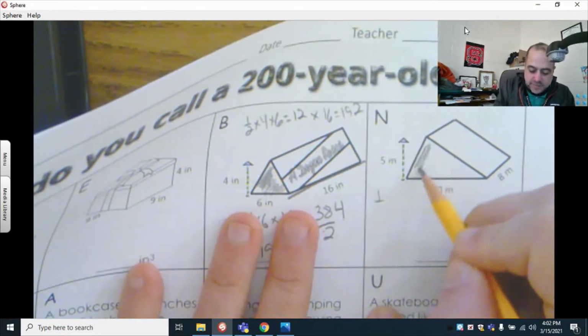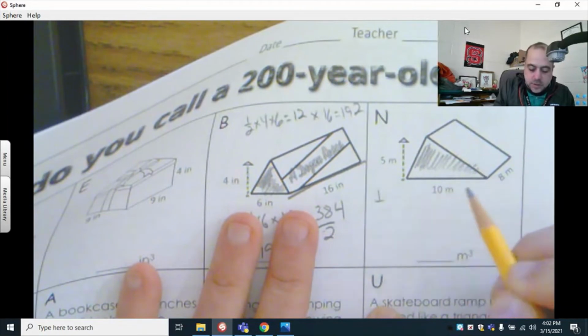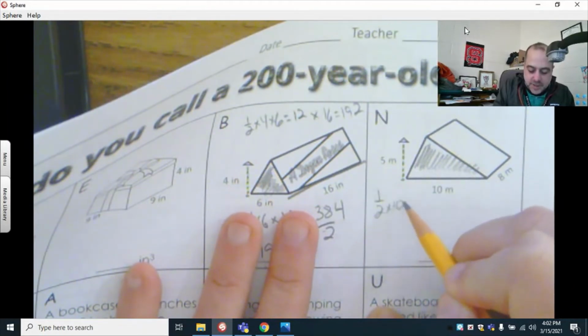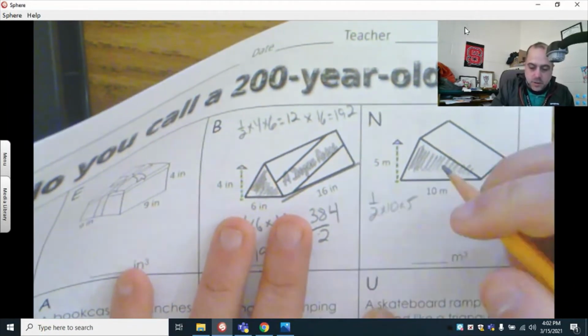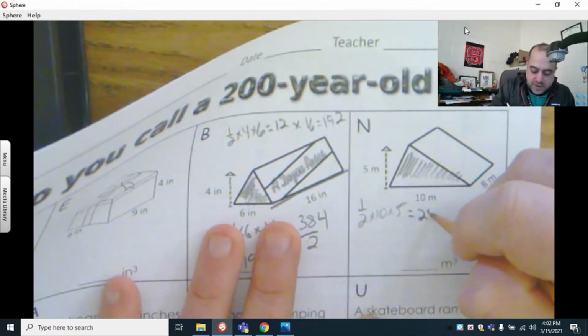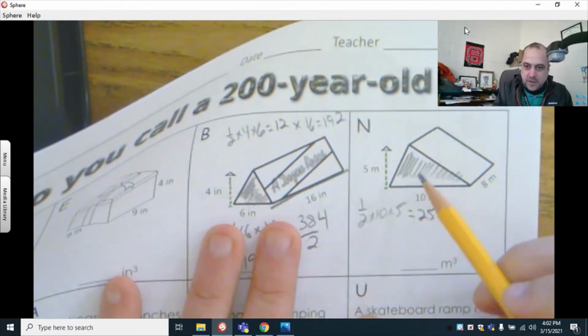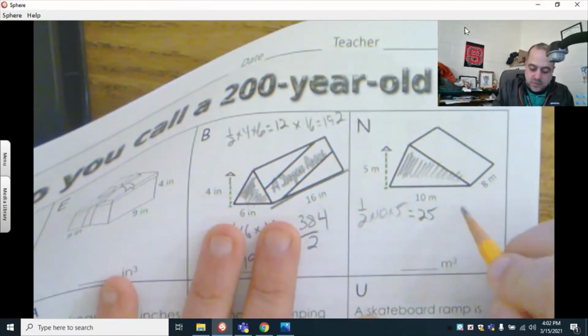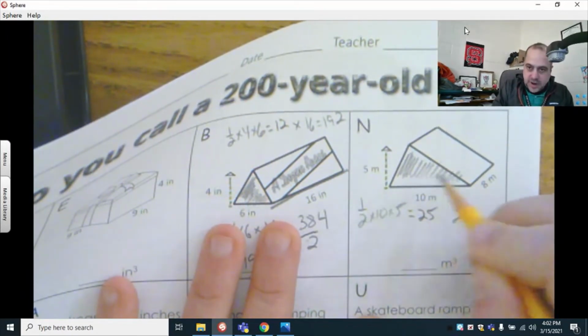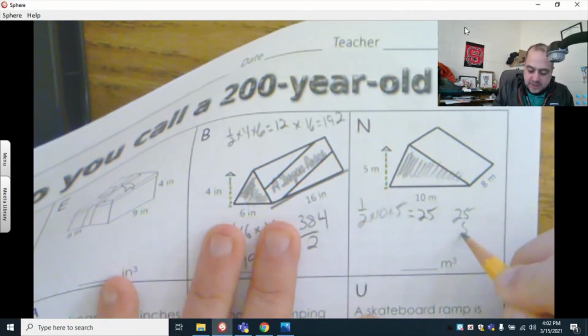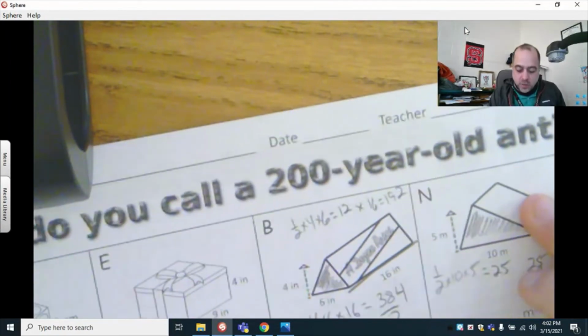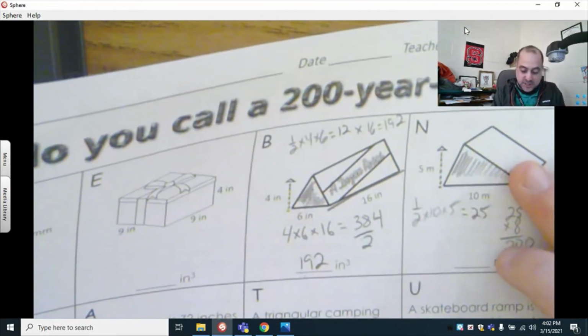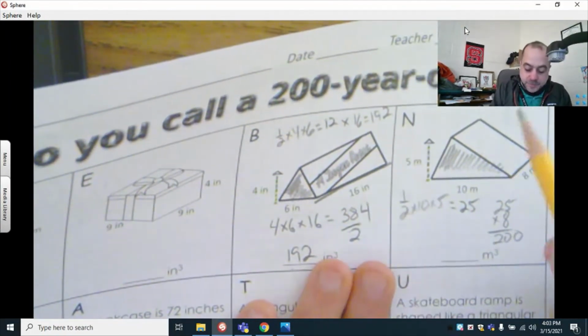So let's do the area of this guy first. 1/2 times 10 times 5 equals 25. So we did this part. Now that we've got this area, we're going to say 25, which was the area, times how long this is, 8. And that's 200.